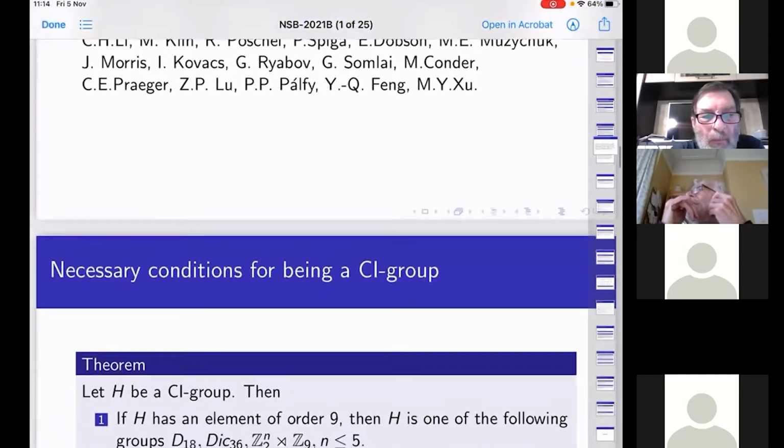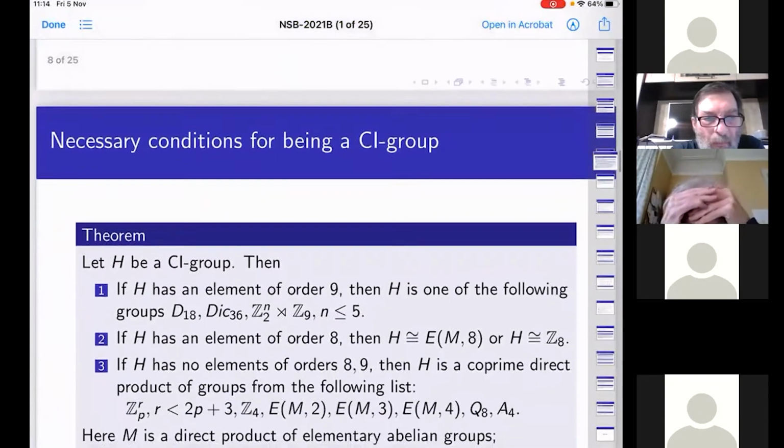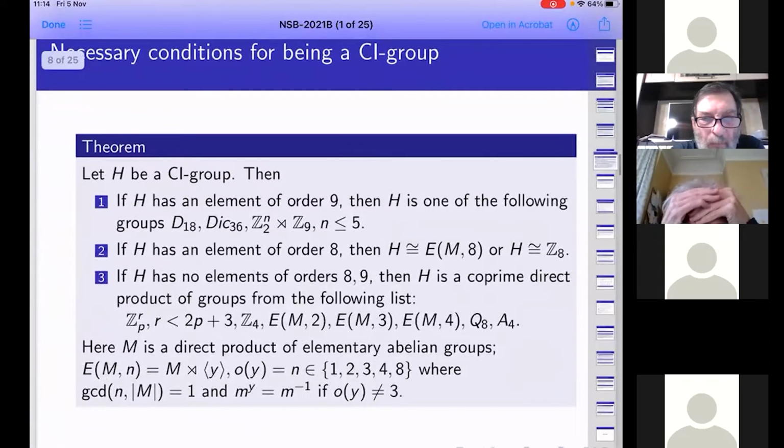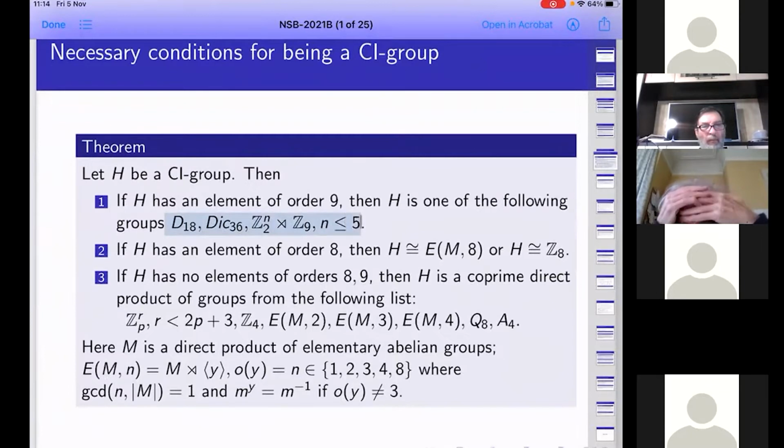So let me formulate what was known before our result. The necessary condition for being a CI group is this. You take the group H, and if it has an element of order 9, then the list of candidates for being CI groups is very short.